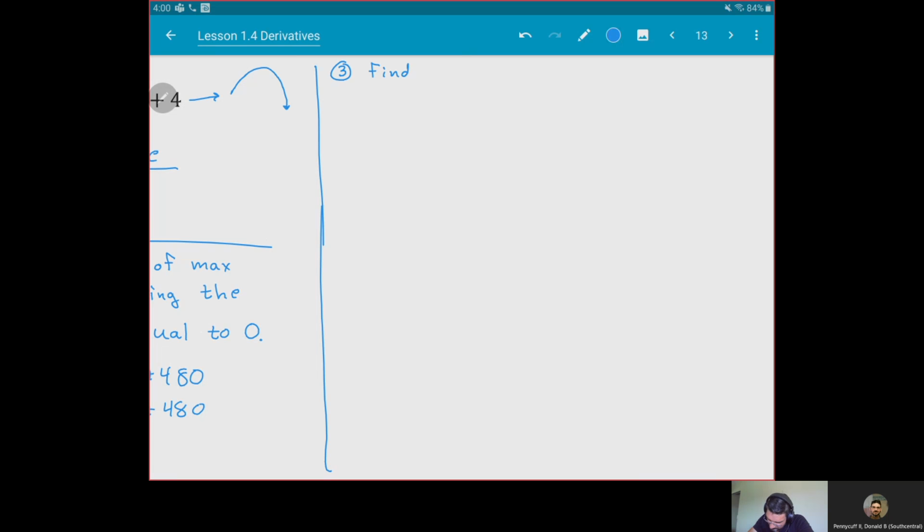Find max height by plugging your answer from step 2 into the original equation.